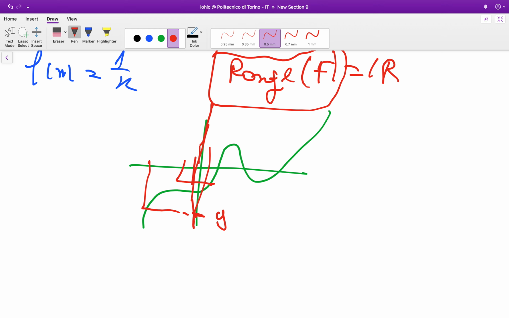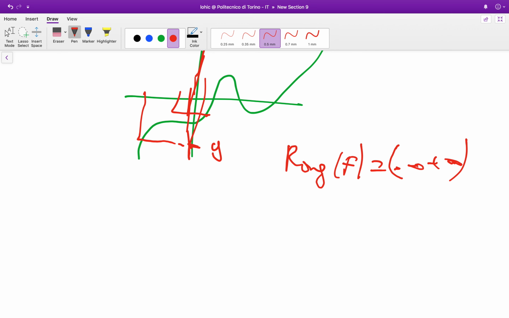We can clearly say that this function is surjective because the range of the function is from minus infinity to plus infinity. Roughly speaking, if I don't want to be formal by giving theorems and stuff, one can just say that the function is surjective if the range of that function is R.